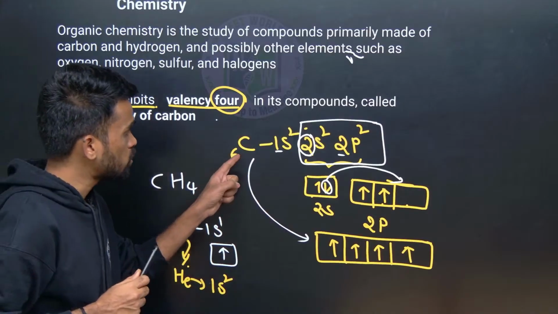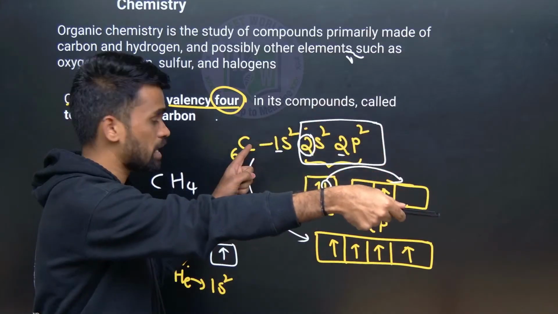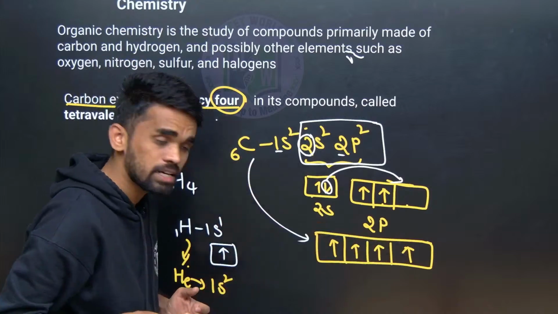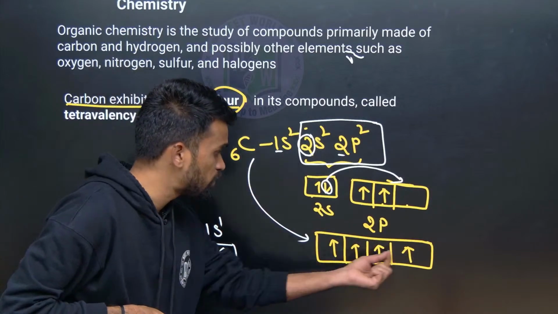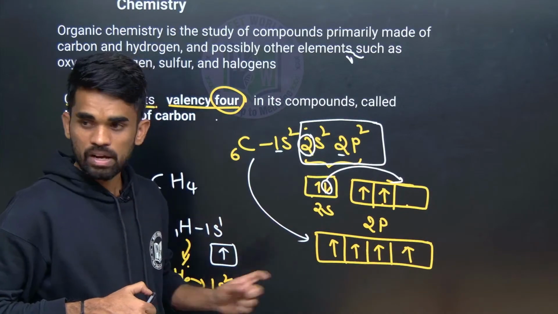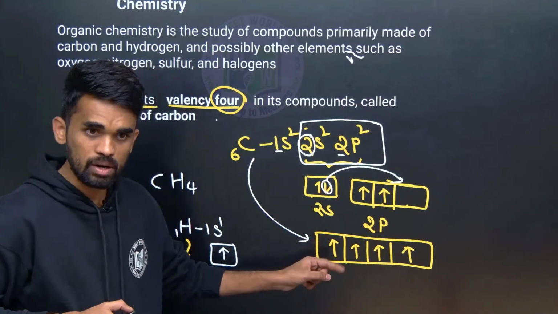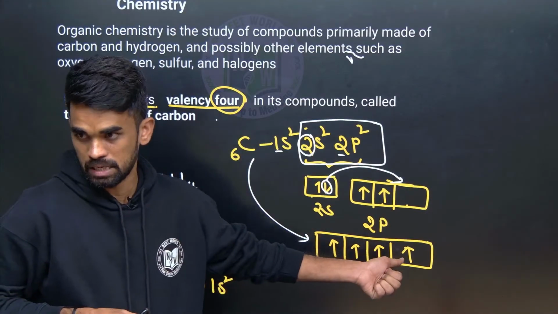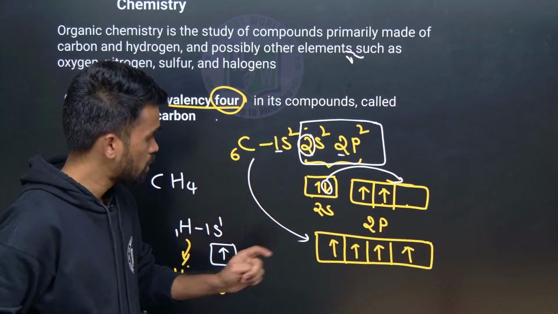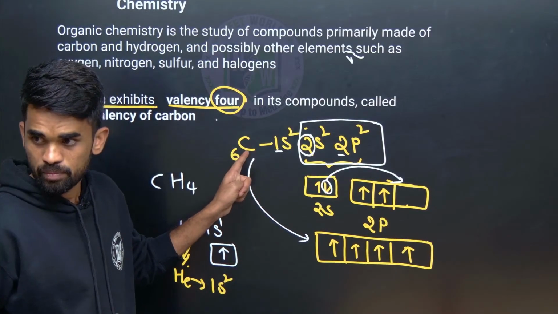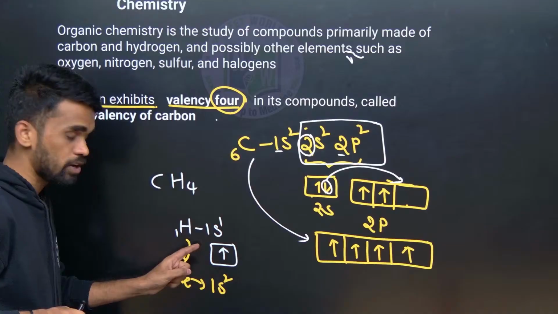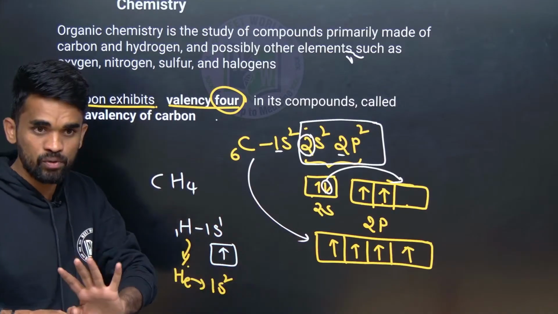Similarly, to get the nearest noble gas configuration for carbon, how many electrons are required to fulfill these orbitals? 1 electron is there now, and 1 more electron is required in each of these orbitals. So a total of 4 electrons are required. So how many electrons are required for carbon? 4. Hydrogen requires 1 electron, carbon requires 4 electrons.